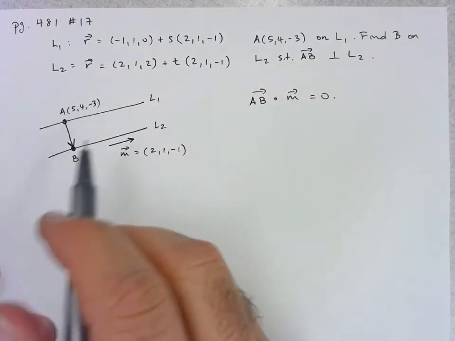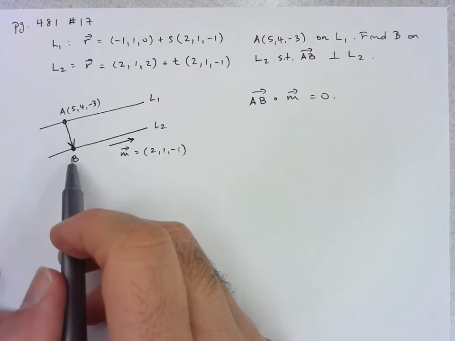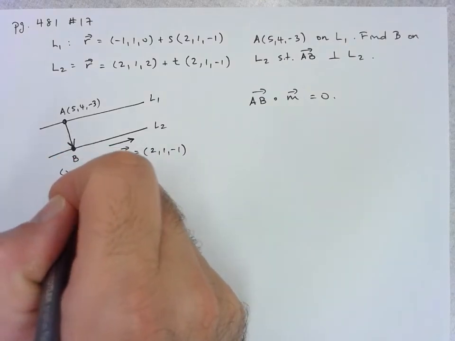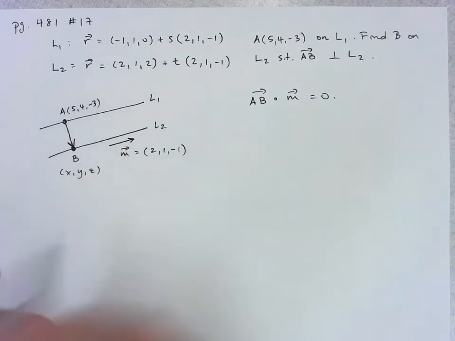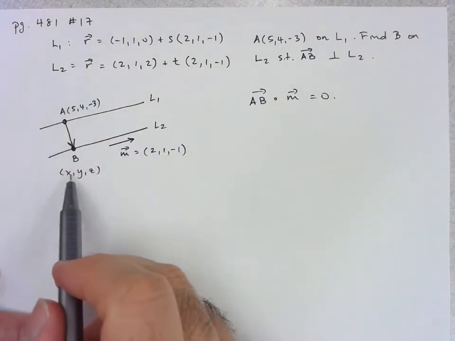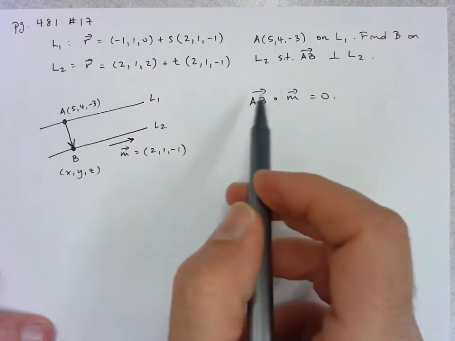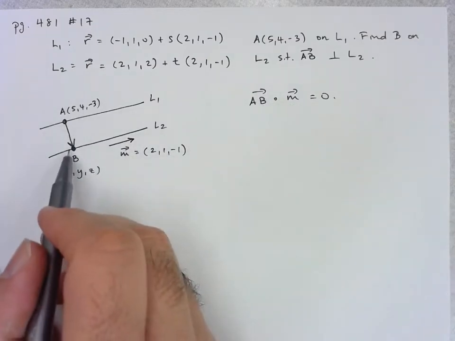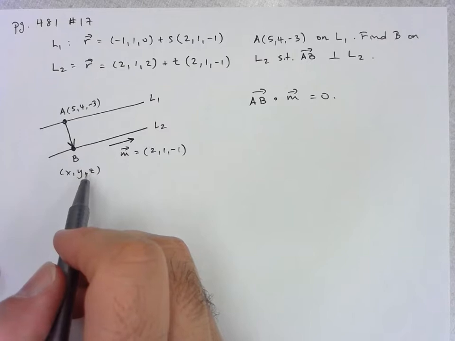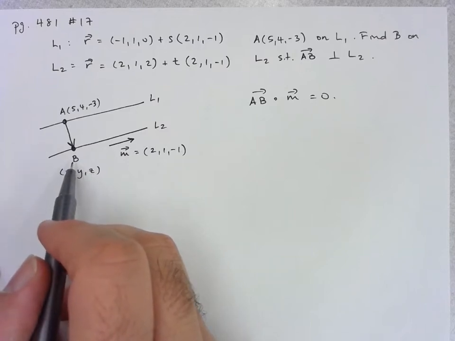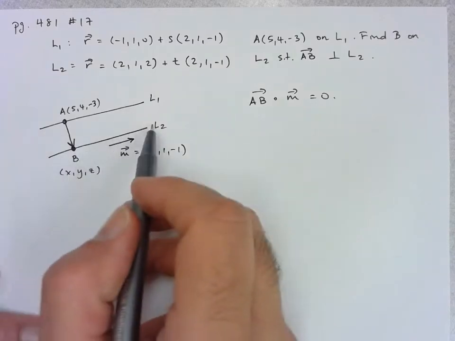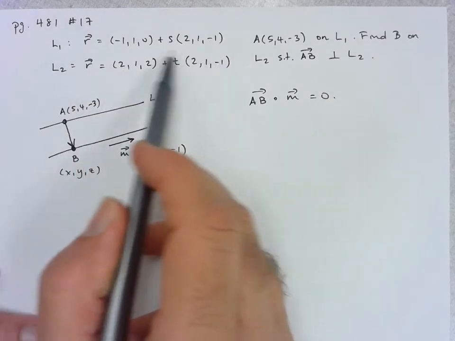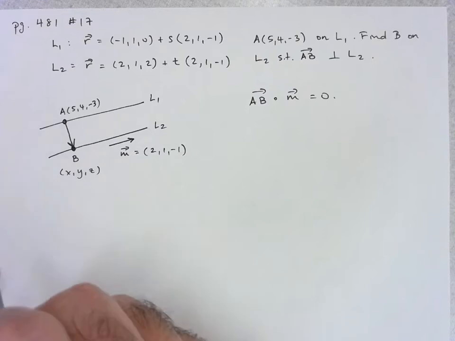Normally when we don't know a point, we just give it a name, x, y, z. But here that's not much information, because we'd just be putting three variables into my equation. While it's true that this can be represented by x, y, z, we actually have more information about the point B: we know that it's on line 2. So why don't we use the equation to be more precise about what this point looks like?